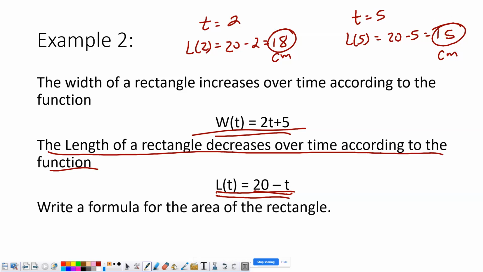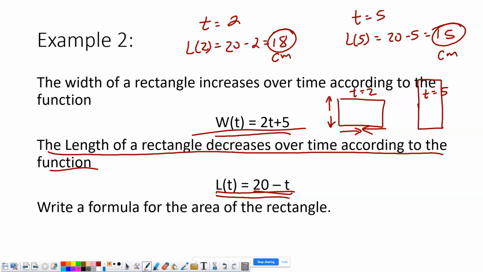We have this rectangle which, over time, the width is increasing, but the length is decreasing. So at t equals 2, it might look like this, but at t equals 5, it's going to be skinnier and taller because the width increased, but the length decreased.